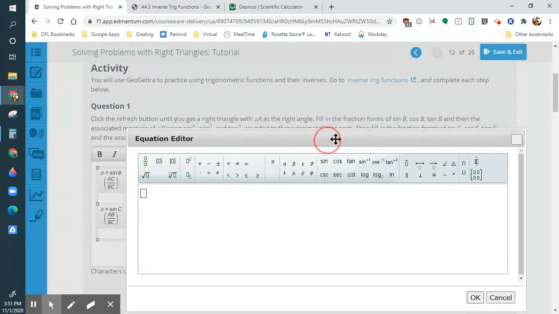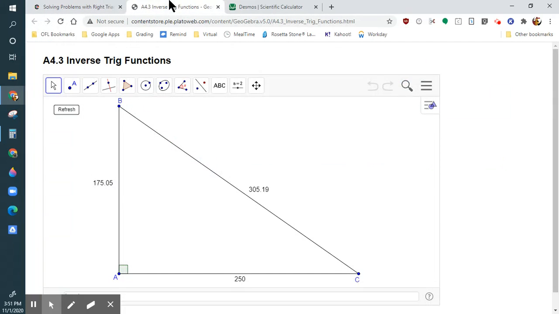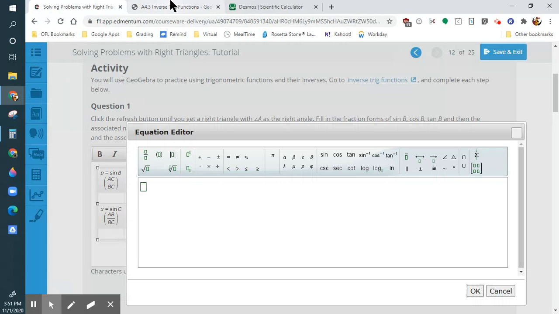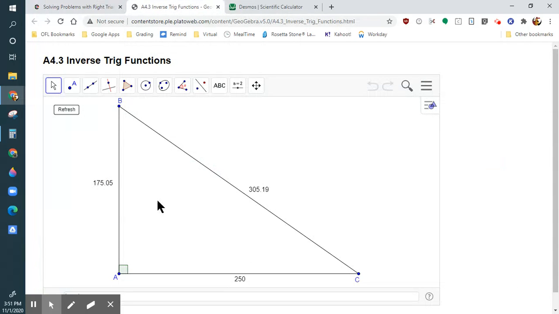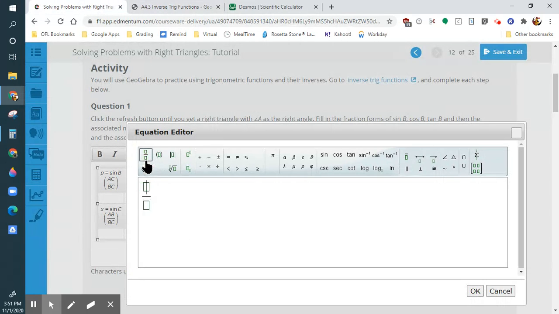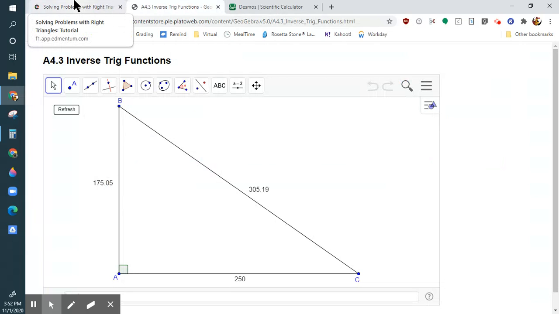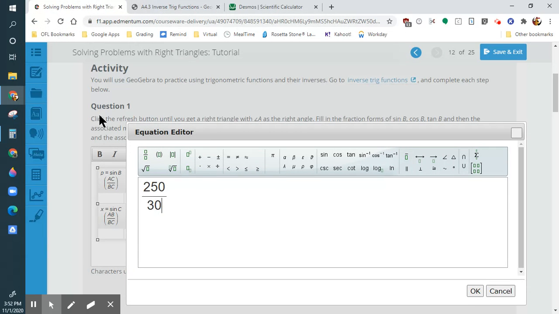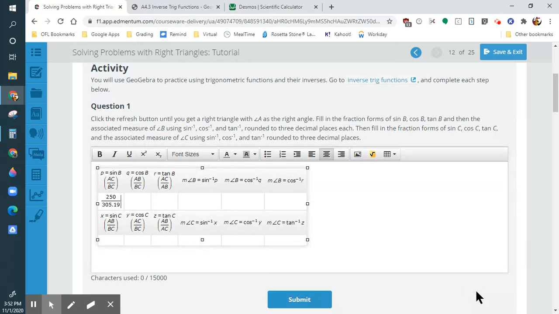AC is 250 over BC, the hypotenuse, 305.19.